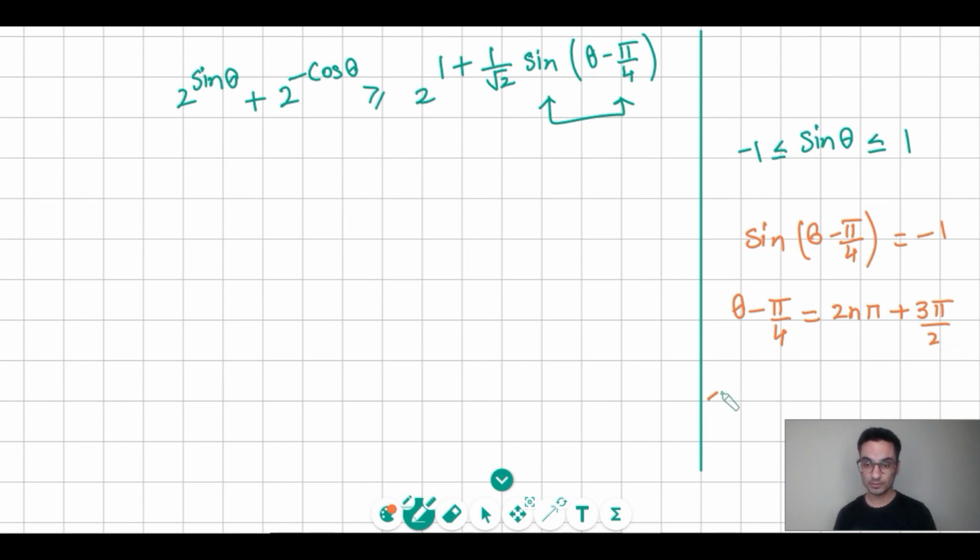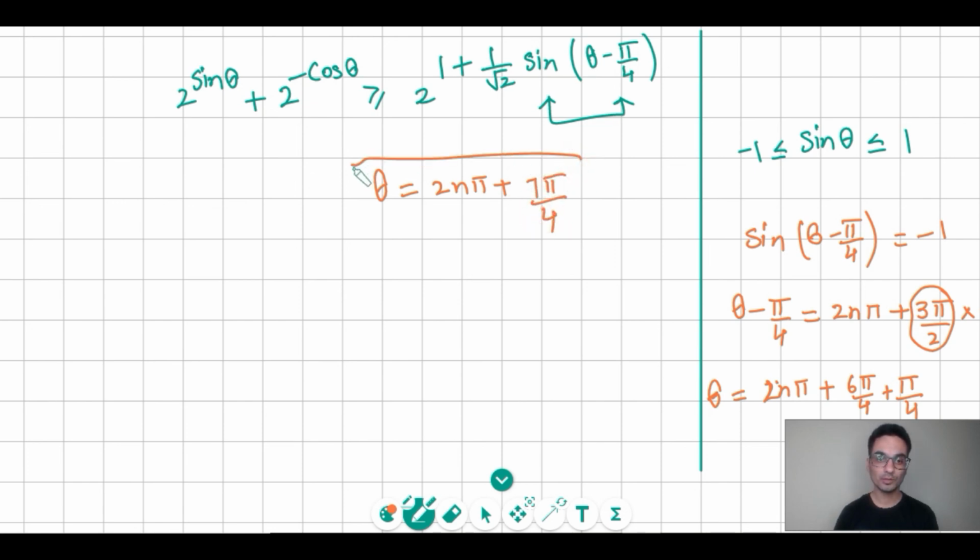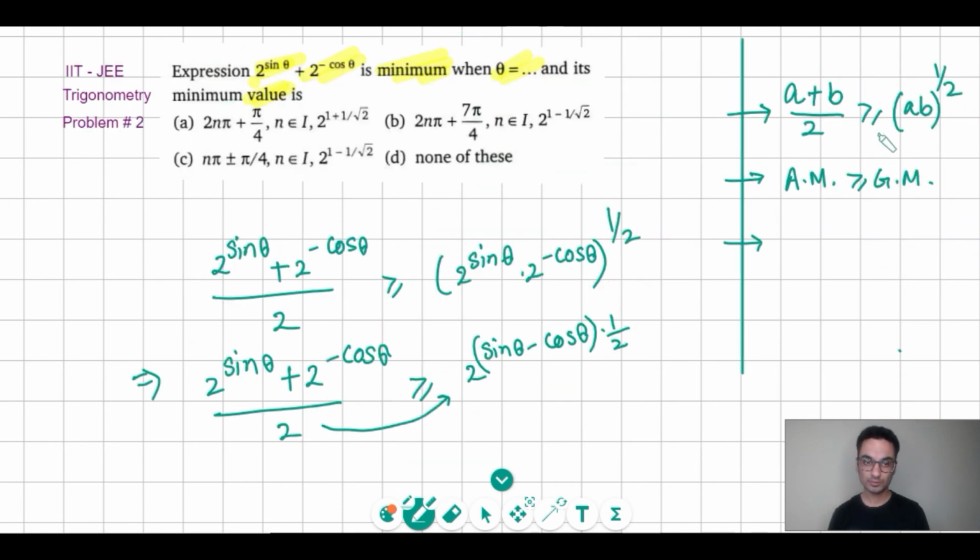So simplifying this will give me theta is equal to 2n pi plus 6 pi over 4 plus pi over 4. So basically I multiplied this fraction with 2 in the numerator and 2 in the denominator, right? Okay, so that being said, that means theta should be equal to 2n pi plus 7 pi over 4, where n is any integer.